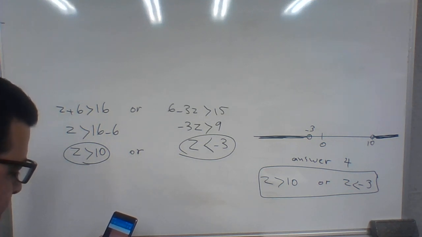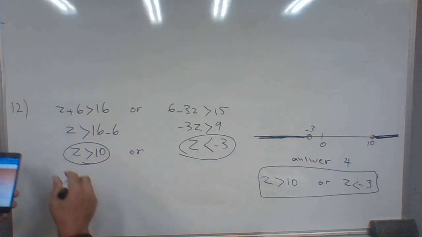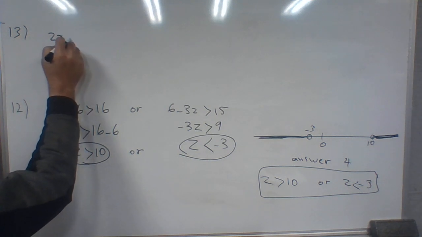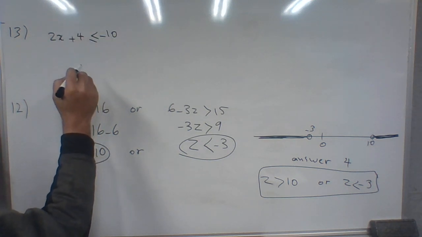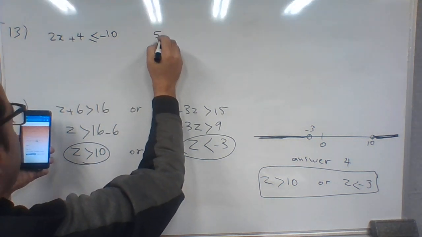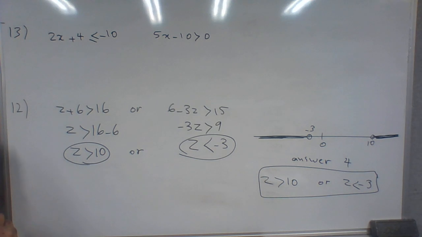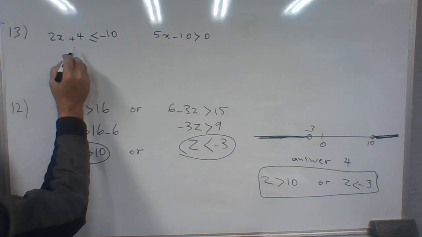So what is the problem? 2x plus 4 less than or equal to negative 10, or 5x minus 10 greater than 0. Okay, the first one is simplify. Simplify is almost the same as solving.